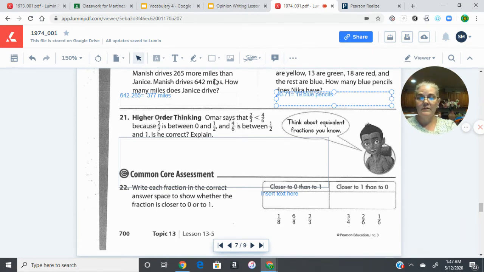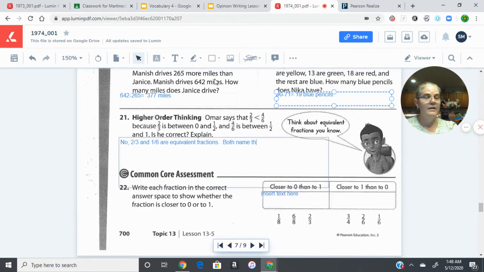So no, he is not correct, right? Because 2/3 and 4/6 are equivalent fractions.